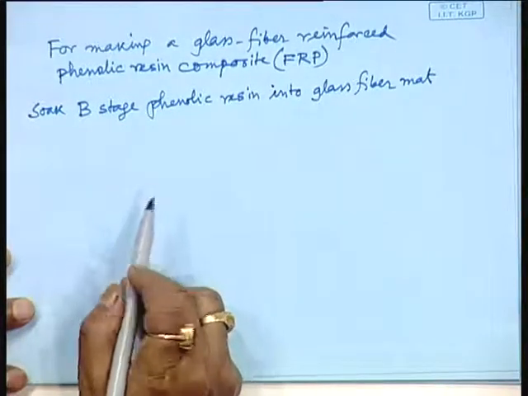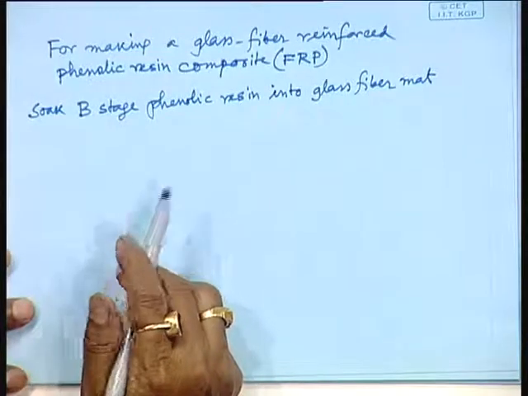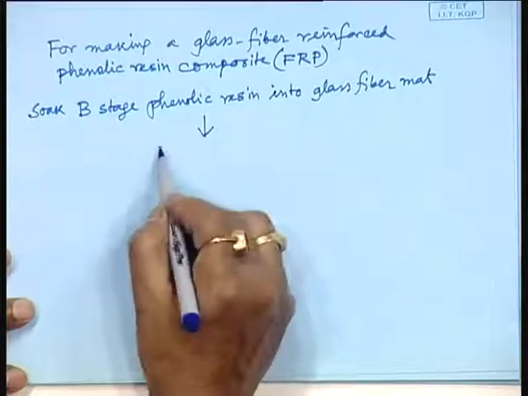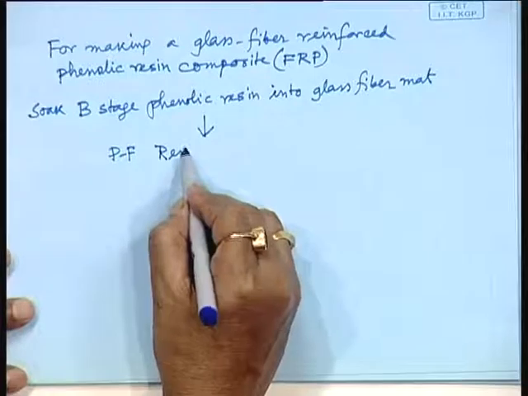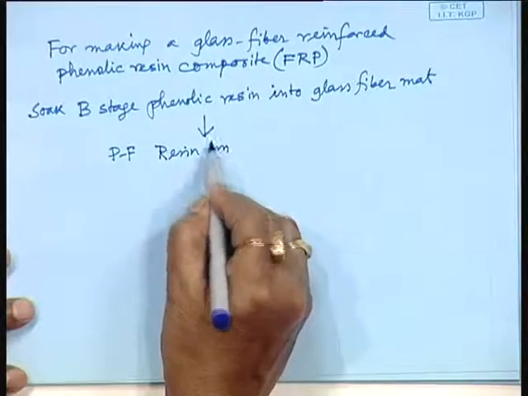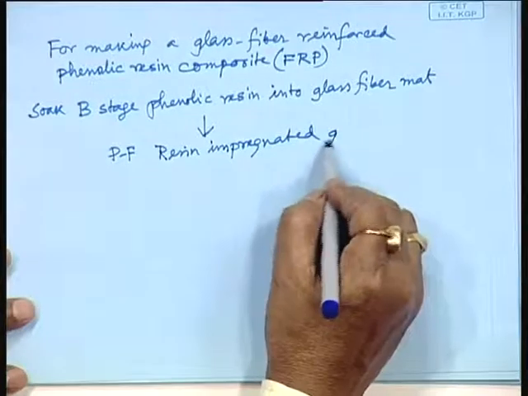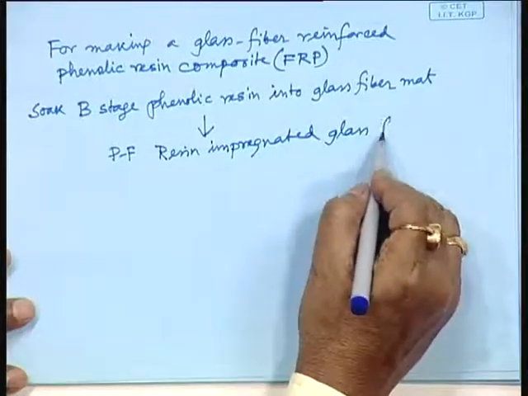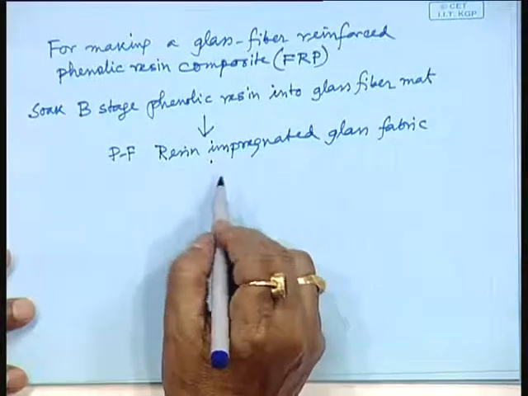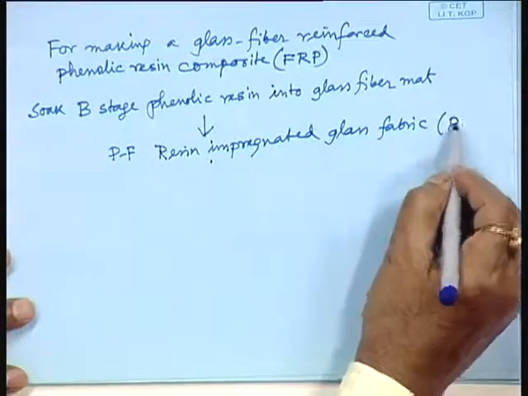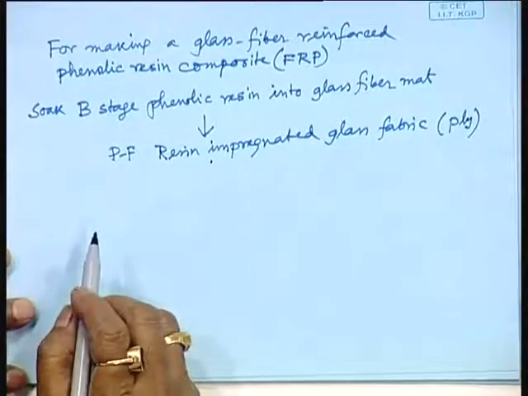then you will get a PF resin impregnated glass fabric called a ply, one ply.